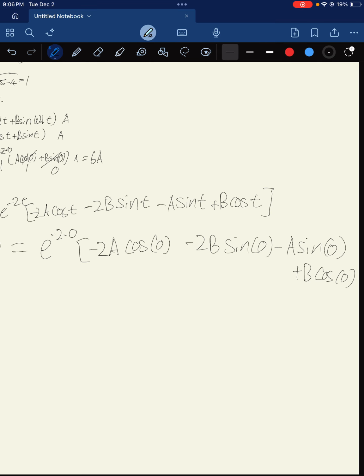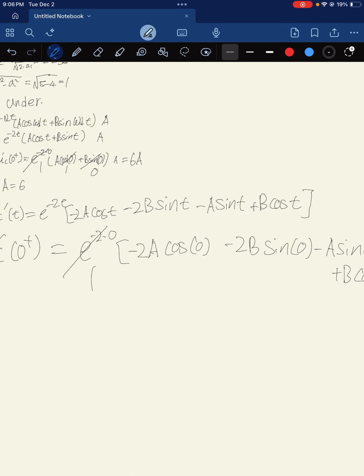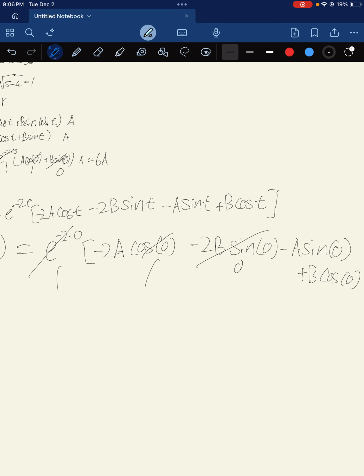After that, the exponential is 1, the cosine is 1, the sine is 0, this is also 0, and this is going to be 1.